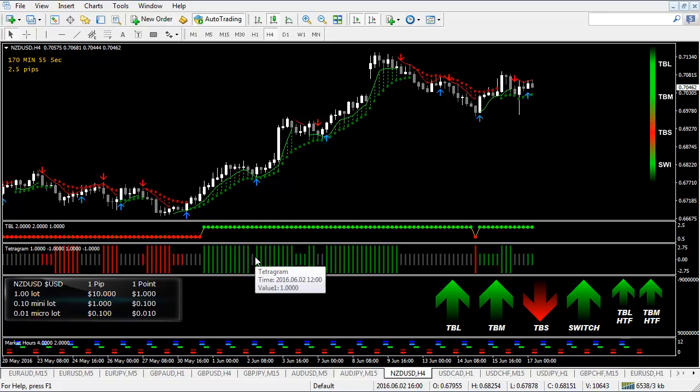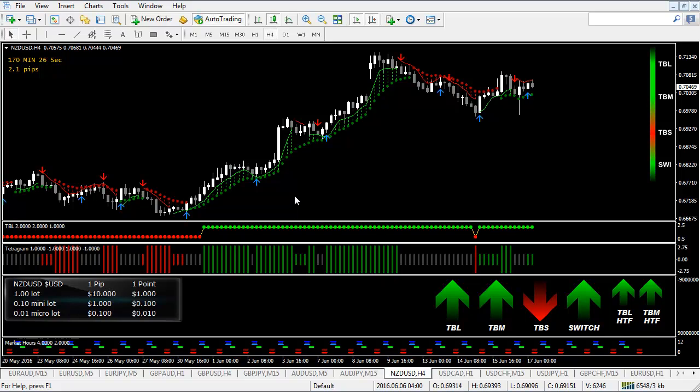Now, the tetragram, of course, is all of that put together into one indicator. We're looking for the trend direction as per the really slow moving Gann high-low activator, the 50 period, and that is going to give us what color the tetragram is going to be. We get 3 out of the 4 together. We get the little green tetragram bar, or we get 3 out of the 4 indicators moving the same direction, little green one.